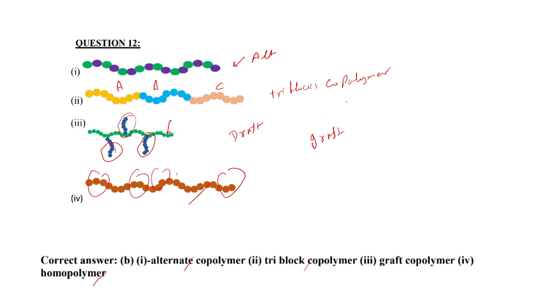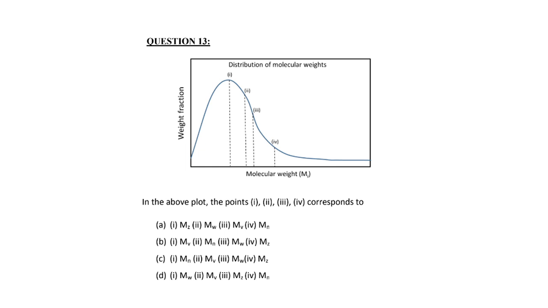Okay, question 12 is clear. Now question 13. It is asking about the distribution of molecular weight. It is a weight fraction versus molecular weight. So the higher molecular weight fraction is low, similarly the lower molecular weight fraction is also low, but at some limit the weight fraction is highest.